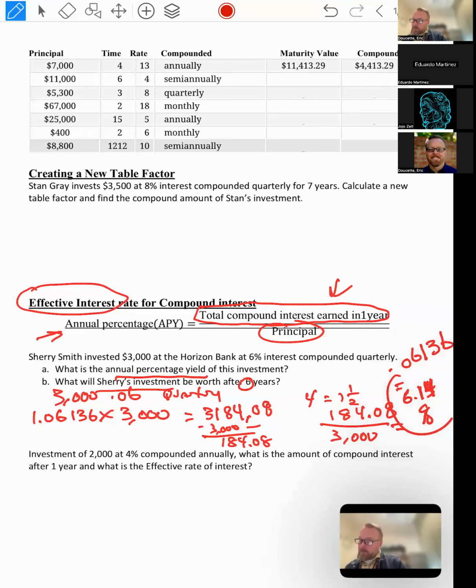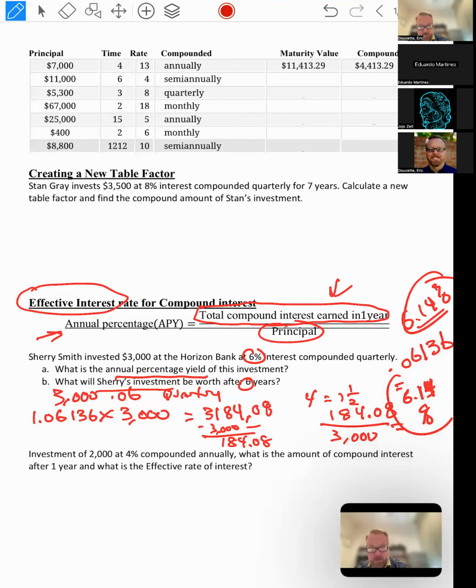That's my rate. 6.14%. That's my answer. So again, the stated rate was 6%, but because of compound interest, I actually earned 6.14.